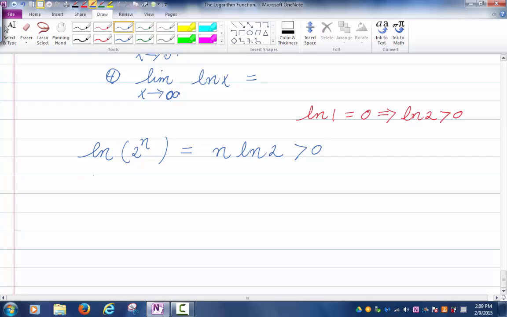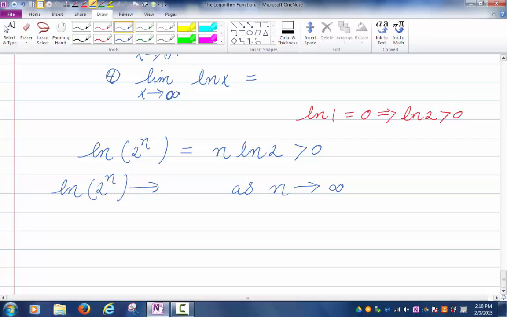Now, what happens to this as n goes to infinity? As n goes to infinity, what is happening to ln of 2 to the n? Is it going to a number? Is it going to infinity, negative infinity?